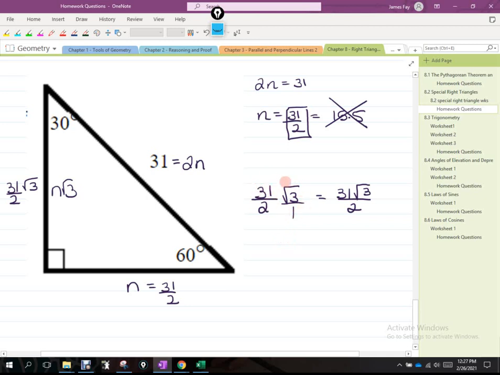We're going to multiply these. Top times top gives me this, and bottom times bottom will give me that. So those are equivalent. So you can write the 31 halves out in front, and then that radical 3. So this 31 halves kind of looks like a coefficient for the radical 3, written that way. Or maybe the 31 looks like the coefficient for 3 here, or however you want to think about that.